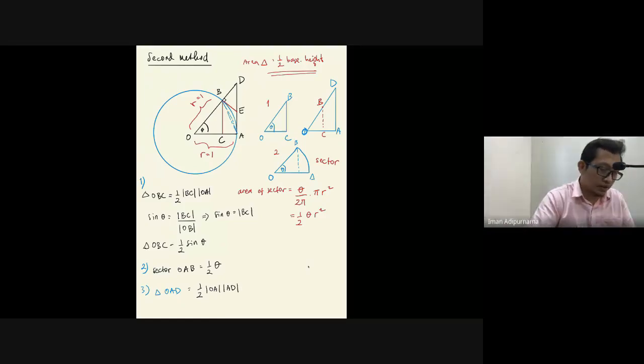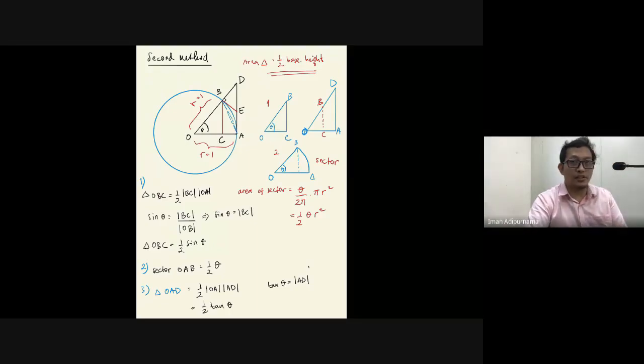From previous work, we also have the connection that tangent theta is AD, so this is half tangent theta. So we have three functions of theta: half sine theta, half theta, half tangent theta.